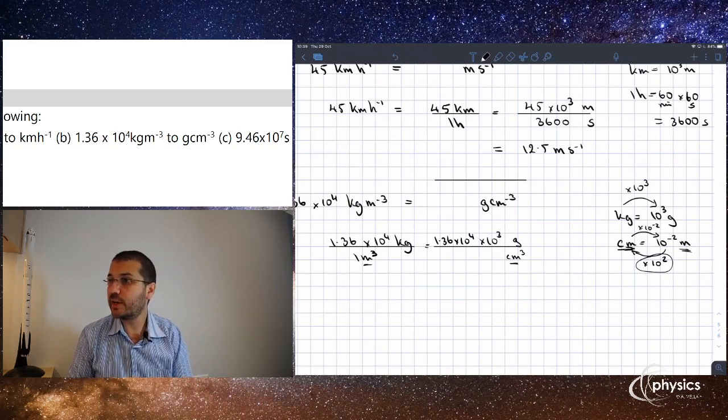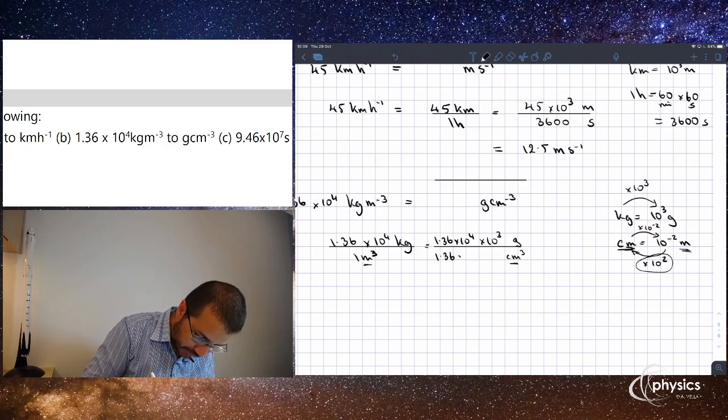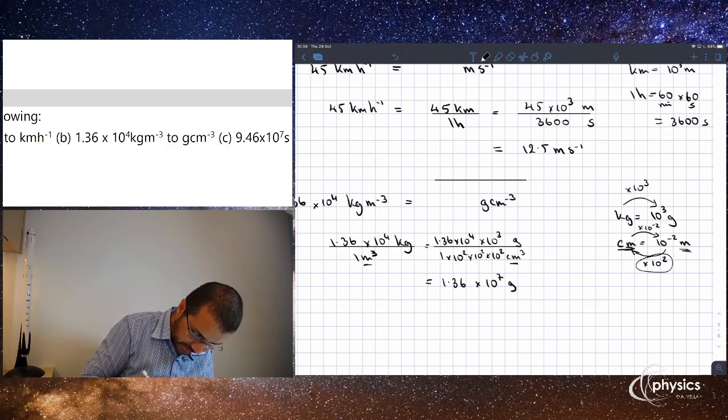But since it's cubed, we have to repeat this 3 times. So we have 1 times 10 to the 2 times 10 to the 2 times 10 to the 2. So we have 1.36 times 10 to the 7 in the numerator, and in the denominator we have 1 times 10 to the minus 6 centimeters cubed.